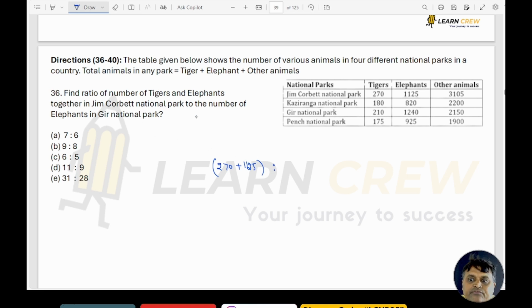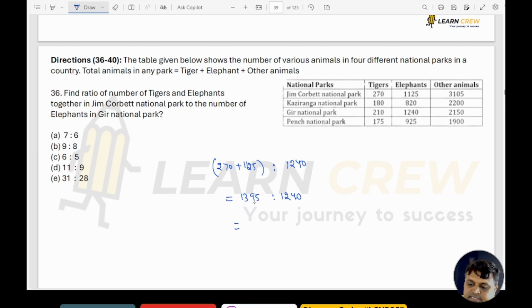And what are the number of elephants in the Gir National Park? 1240. So it is nothing but 1395 is to 1240. So what is the nearest ratio? With which number can you divide?